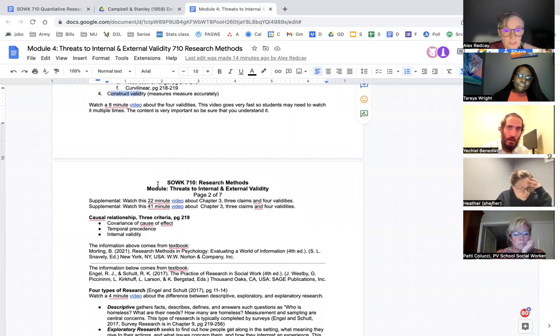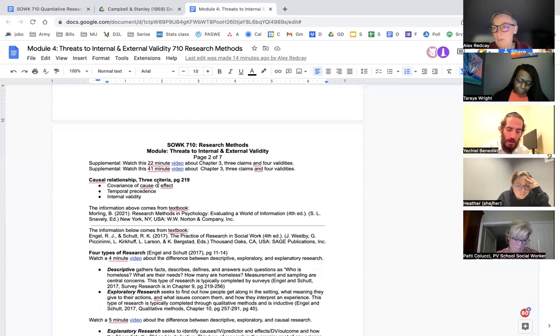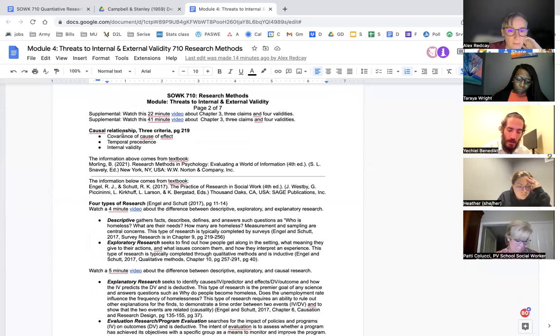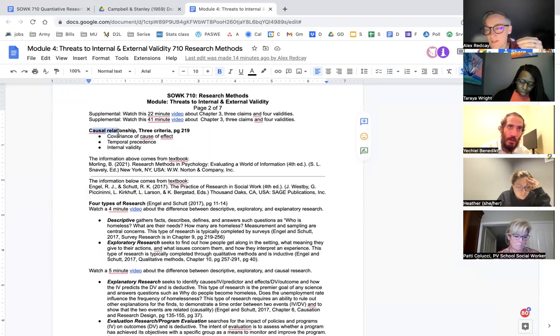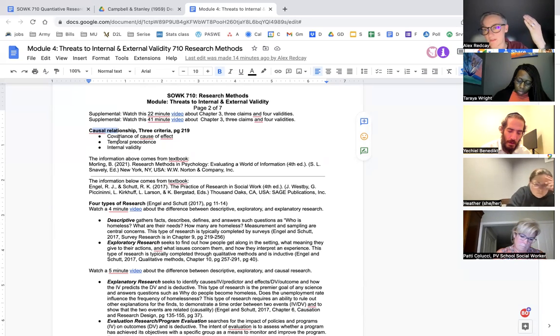Okay, so those are the 4 validities, and you should know a little bit more about those validities. You need 3 things in a research study to determine a causal relationship, to determine if one thing impacted the other. 1, they have to be correlated, right? So when CBT happens, depression goes down.